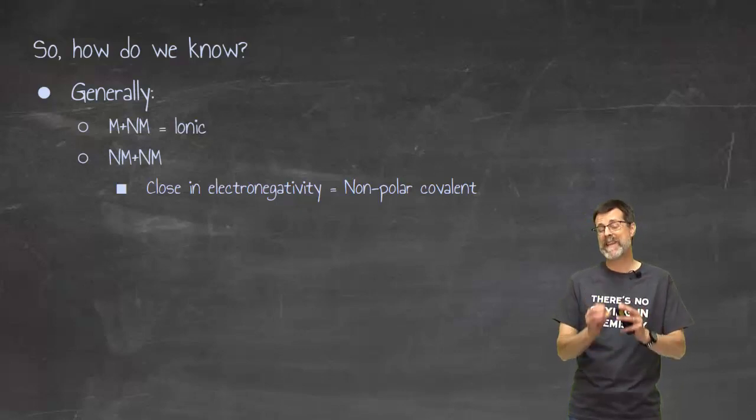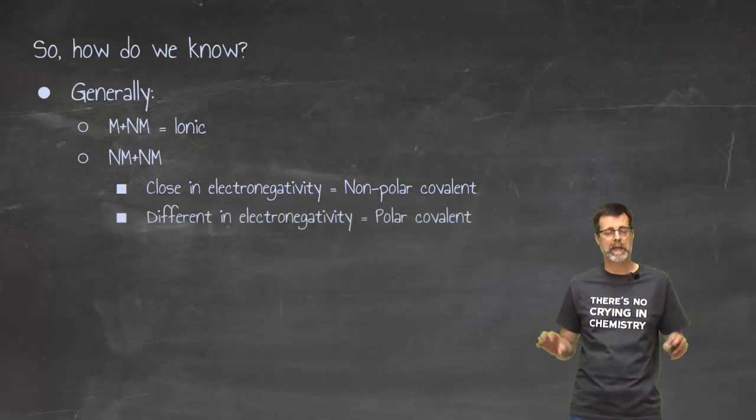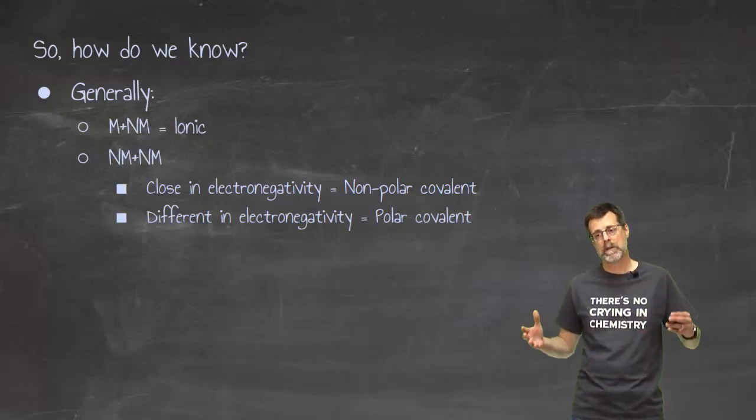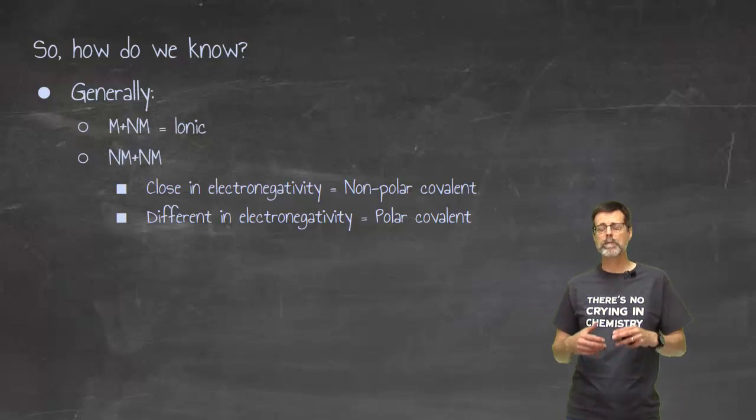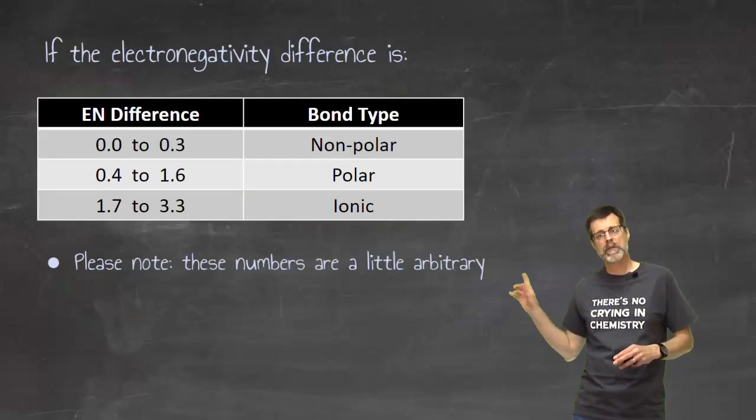Maybe not purely or completely nonpolar, but they're going to be more nonpolar. And if they're further away on the periodic table, that means they're going to have a greater difference in electronegativity, which is going to make them more polar, or at least more likely to be polar, because if you were to start looking at the actual numbers, then you could probably find somewhere that the distance doesn't really help us as much.